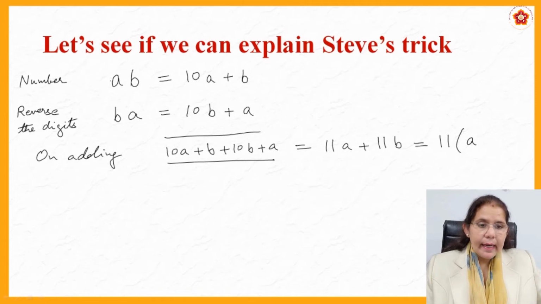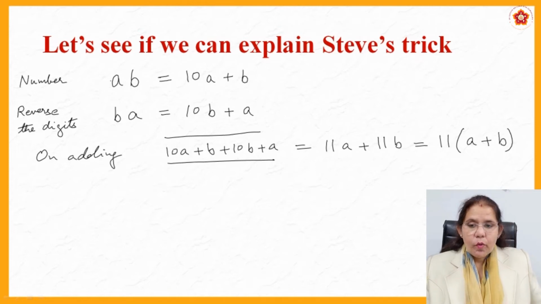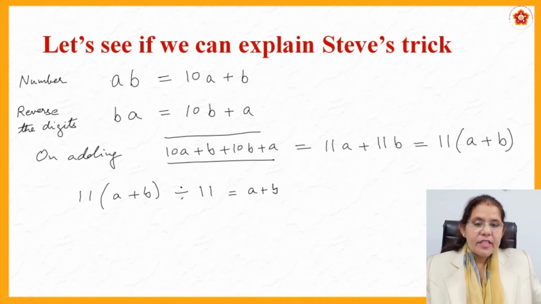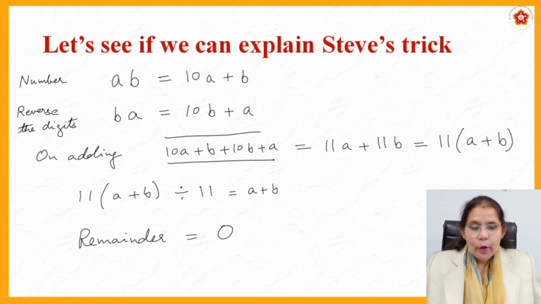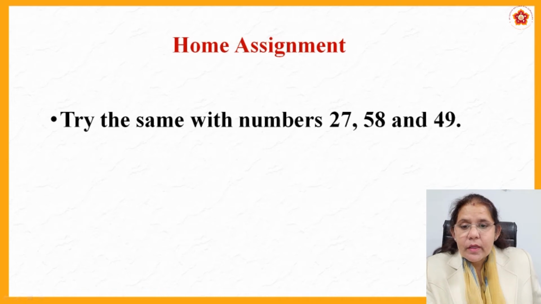We can take out 11 common and we get 11 times A plus B. So when we divide 11(A plus B) by 11, we will get A plus B. Remainder will be 0 in all the cases. I hope it is clear how we have got this. So you can try the same with numbers 27, 58 and 49.